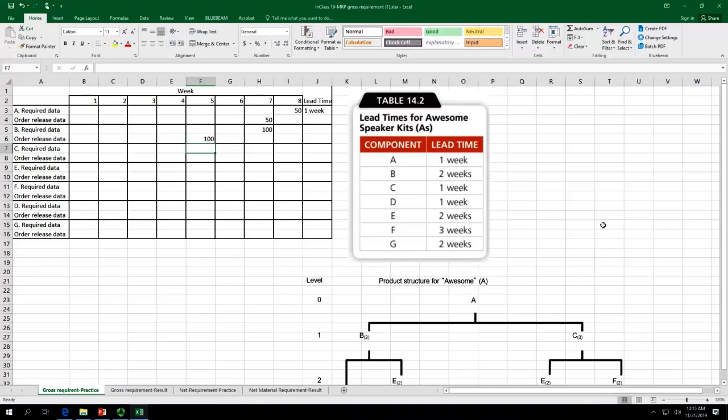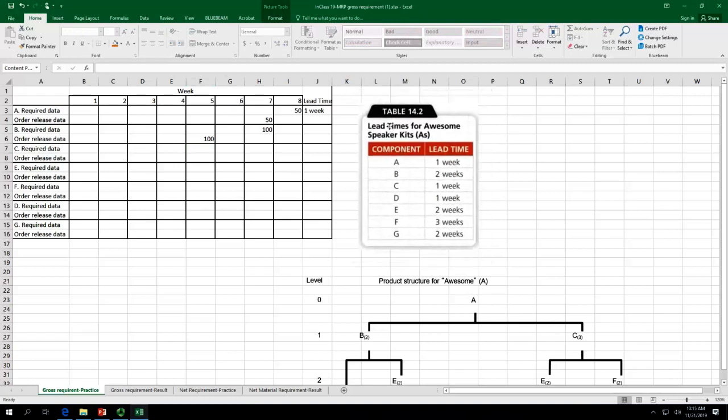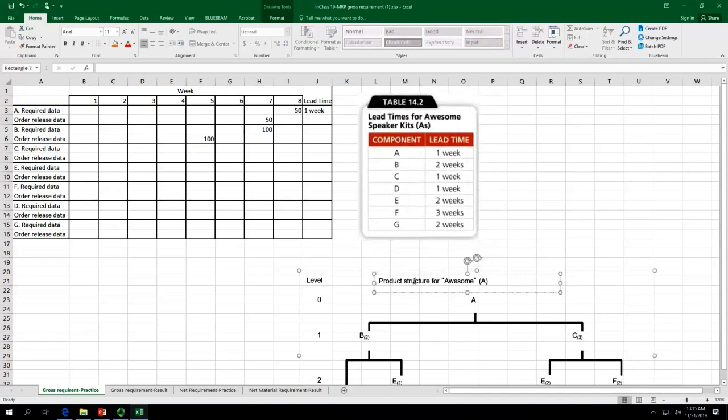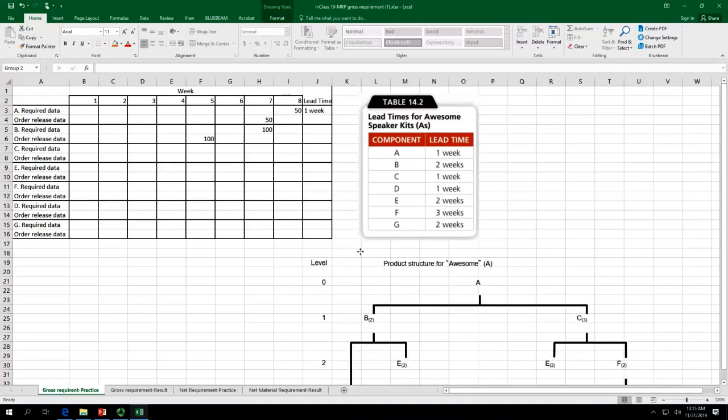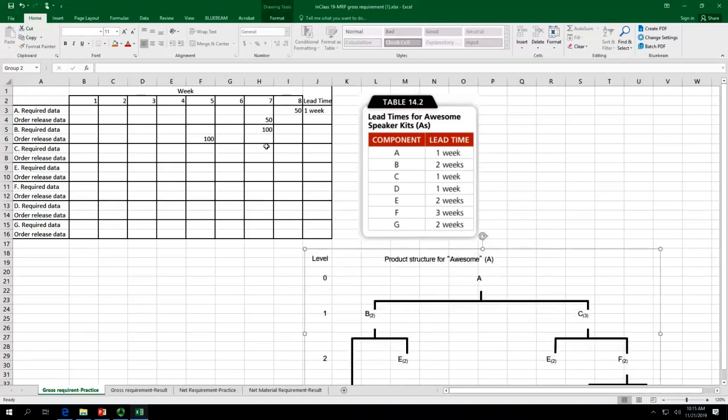And C, look at over here. C, it is 1 week. And another one, it is C. You need how many C's? You need 3 C's. So that's why it is 150. It should be in the end of week 7 as well, because to produce A, you need to get B ready, C ready.